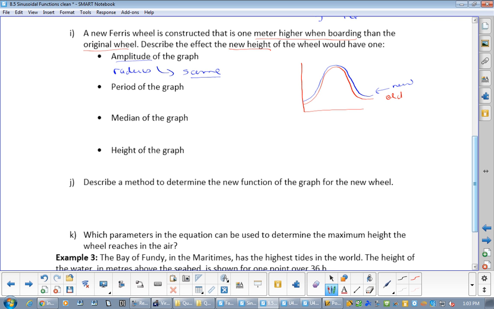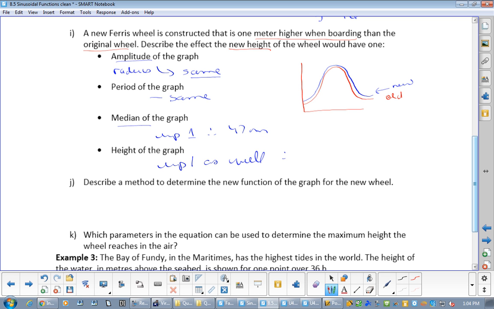How about the period? Should be the same. How about the median? Okay, so what is it now? So you're going up 1, therefore 47 meters. How about the height of the graph? So it's up 1 as well, yes.